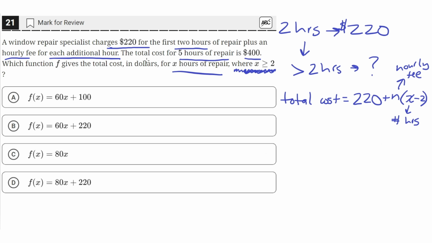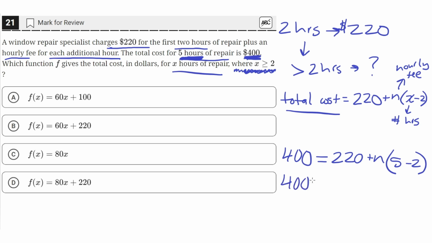So we can use the information that the total cost for 5 hours of repair is $400 to solve for n. The total cost was 400, so we'll substitute that in for the total cost. So 400 equals 220 plus n times 5 hours, since we spent 5 hours on the repair job, so x will be 5 minus 2.